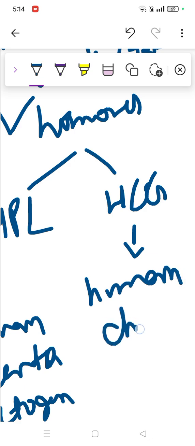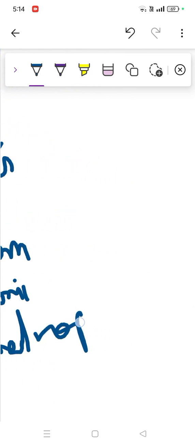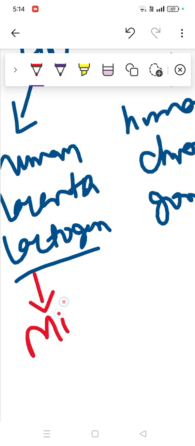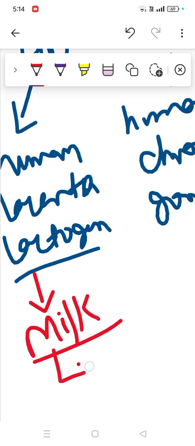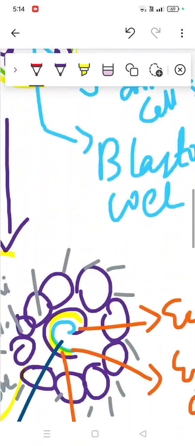Both have so many functions, and you might have seen lactogen, which provides nutrition and helps in providing milk. Even you might have seen a few packets of milk where they feed their children, and even on the box it's written Lactogen. So that's simply this one hormone. So I'm sure it would be clear.